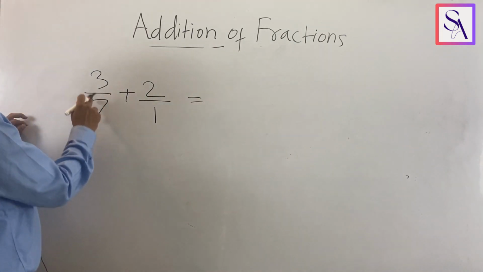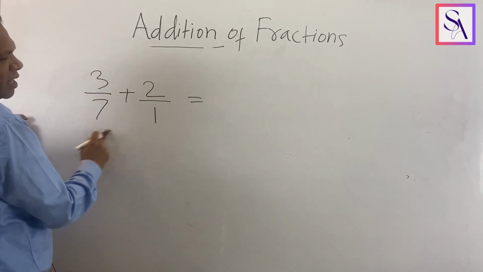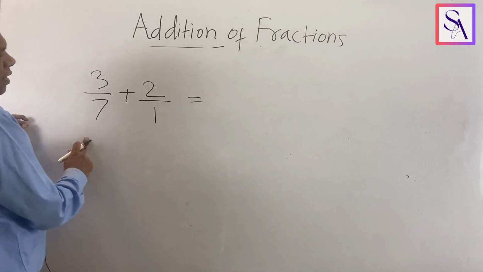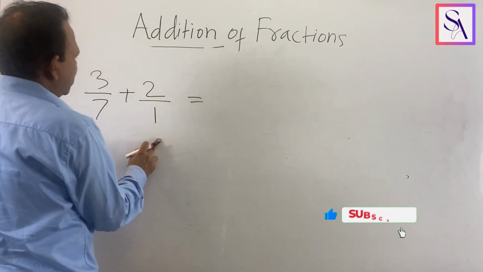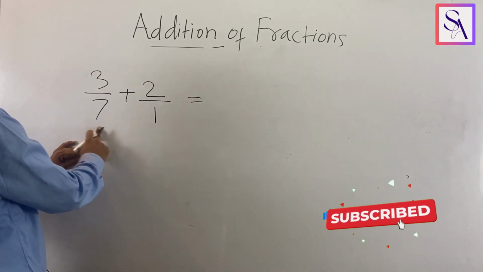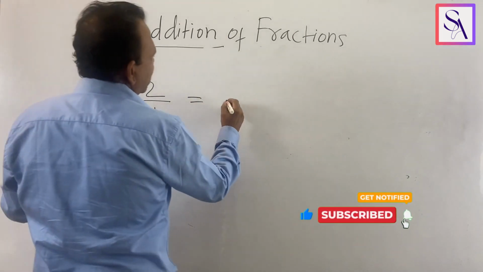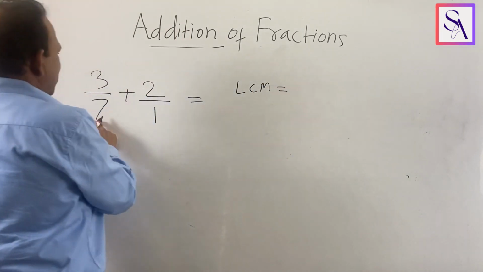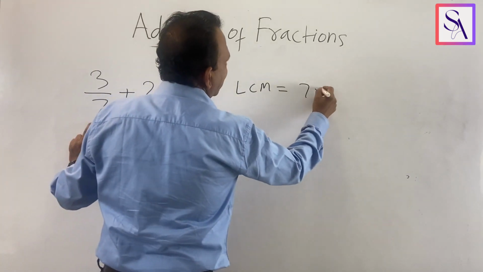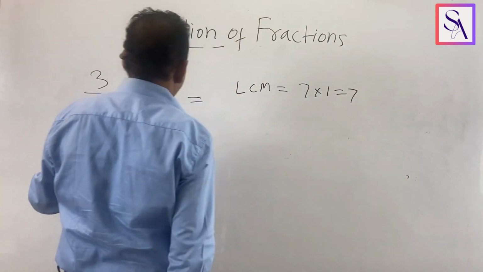Again, in these two fractions the denominators are not the same. So again, any method you can use, the LCM method or the cross multiplication method. If I use the LCM method here, the LCM is 7 into 1, which is equal to 7.